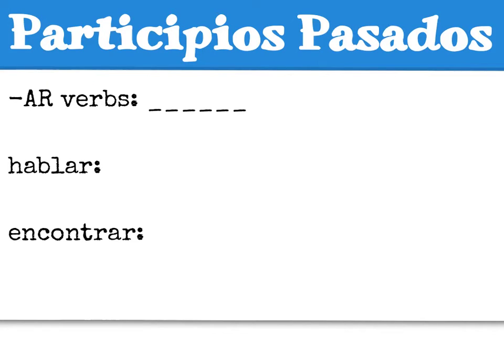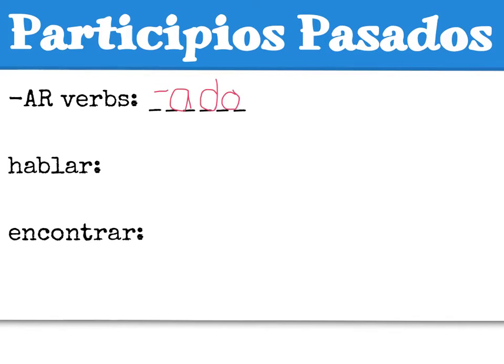Now we're going to look at your second step of forming the present perfect, which is your past participles, participios pasados. Okay, so for AR verbs, all AR verbs, they're going to have this ending, ado.